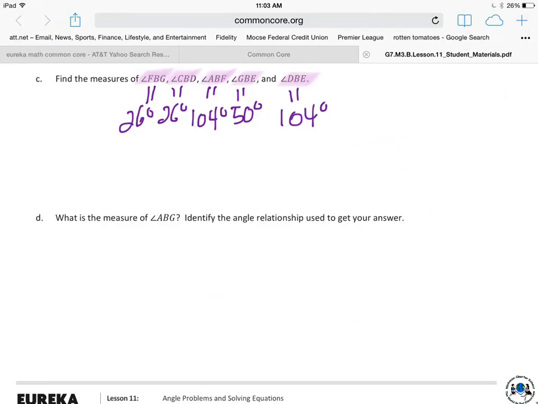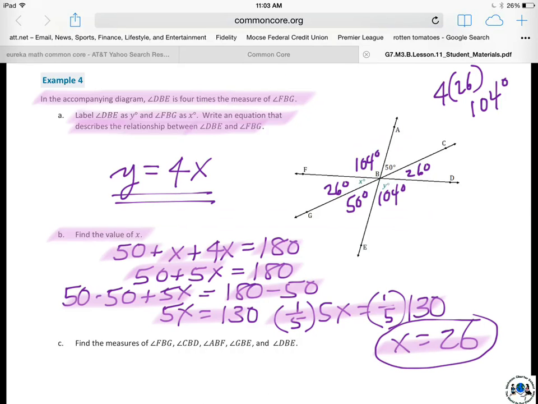All right, and now D asks us, what is the measure of ABG? And we need to identify the angle relationship we used to get our answer. So let's go back and look at ABG. We were asked to find the measurement of angle ABG.